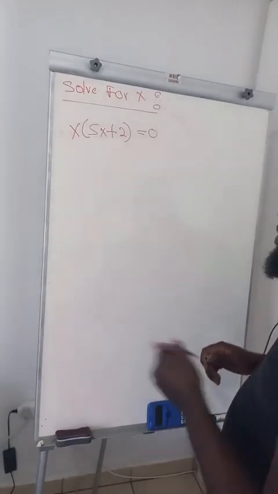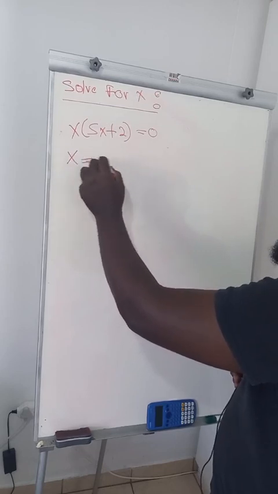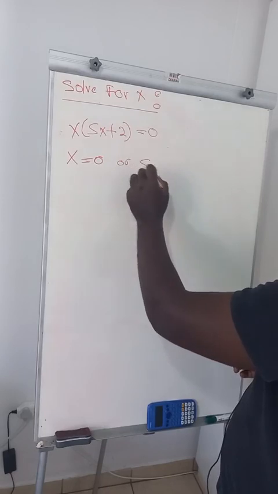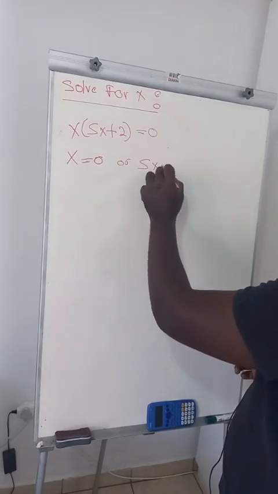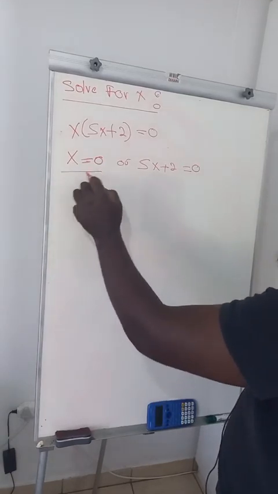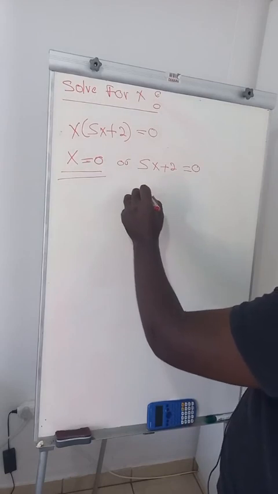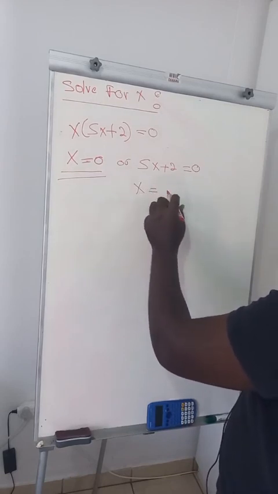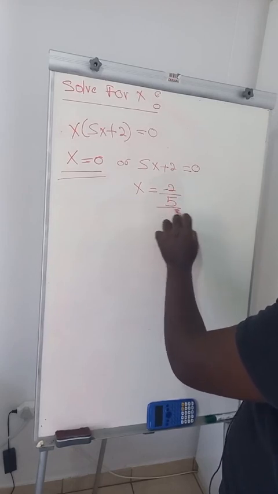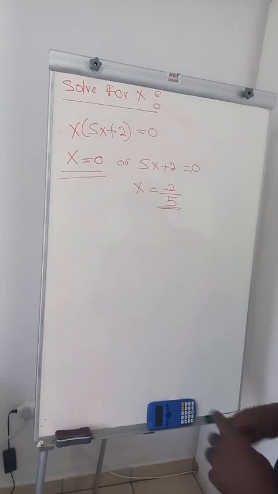So you just have to say x is equal to 0, or this will give you 5x plus 2 is equal to 0. So this one, the answer is already what? You already got the answer. It will just be x is equal to negative 2 over 5. And then you're done. So now, let's move on to another question.